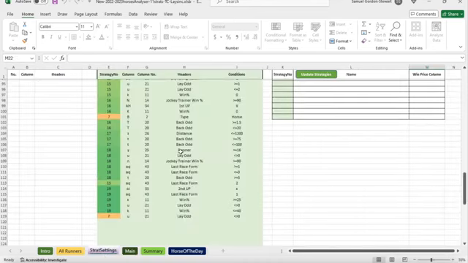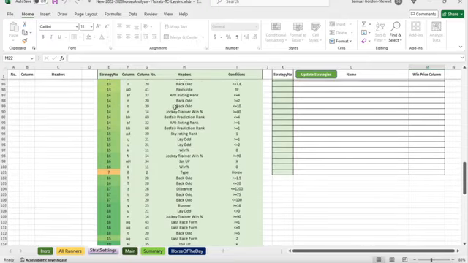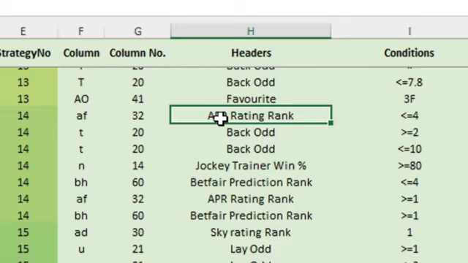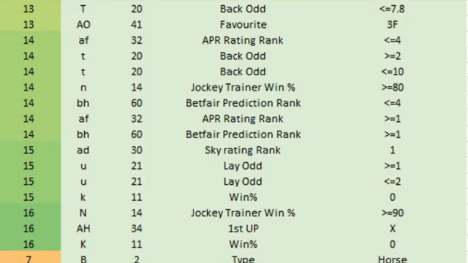We'll look at the strategy settings. If I go up here a little bit to strategy 14, this is the one I was showing you with my strong APR rating, the one I was showing you in the bot not long ago. You can see in the bot, I've got it set with these settings here. In the spreadsheet, it looks like this.